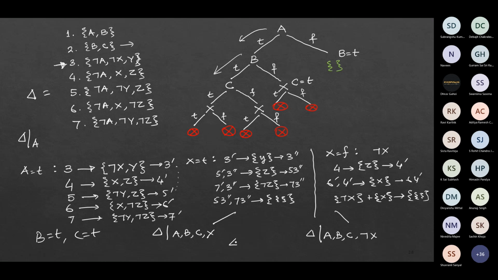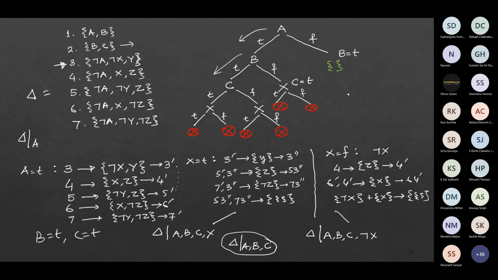That means that we have a contradiction at the level of C itself. As soon as we condition this knowledge base on ABC, we should have identified the contradiction, but DPLL does not see that. DPLL does not see the contradiction at this level.